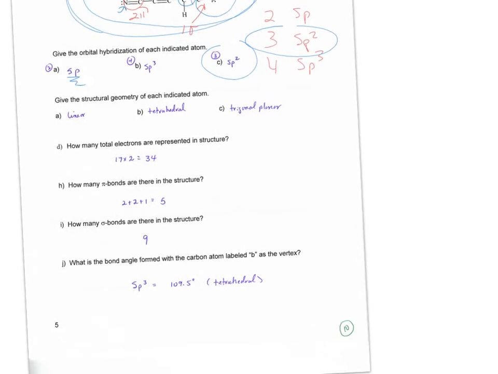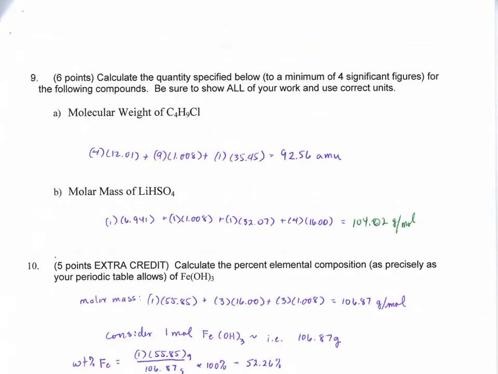Okay, let's see. On to the calculator stuff. Now again, I think on your test it's a little bit different. I'm pretty sure on your test I'm just asking for the molar mass of several compounds. So the molar mass, you can use the abbreviated way if you want, but you have to show all work to get your credit here.